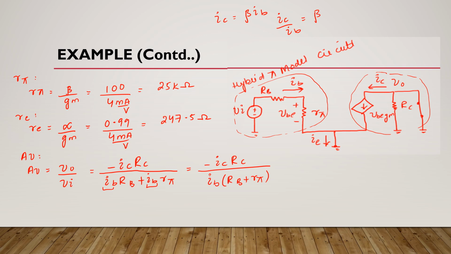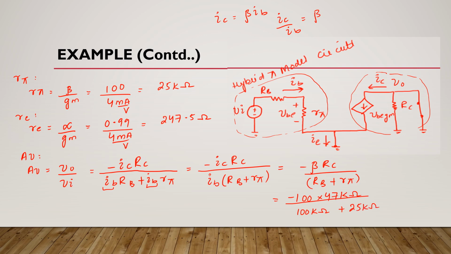So we can write this equation like this: minus beta RC divided by RB plus R pi. Here we know that beta is 100, RC is 47 kilo ohms, RB is 100 kilo ohms, and R pi is 25 kilo ohms.